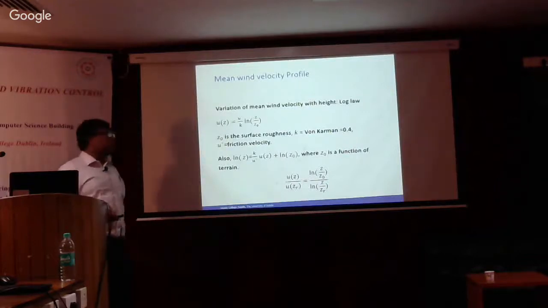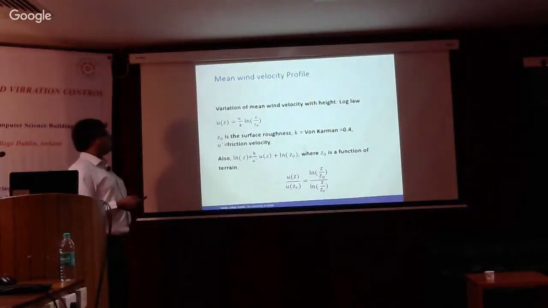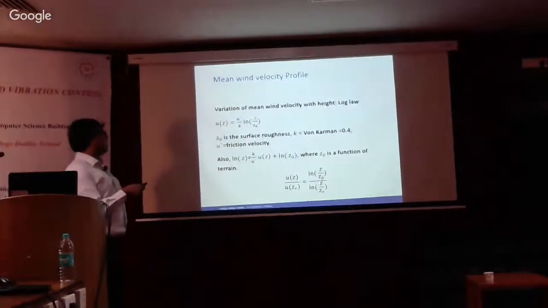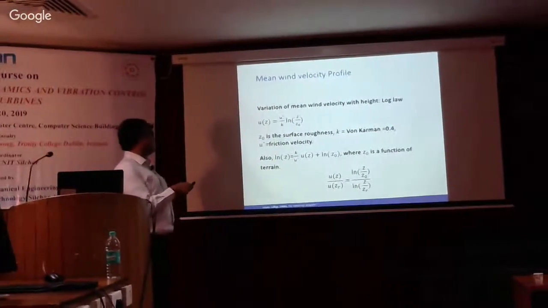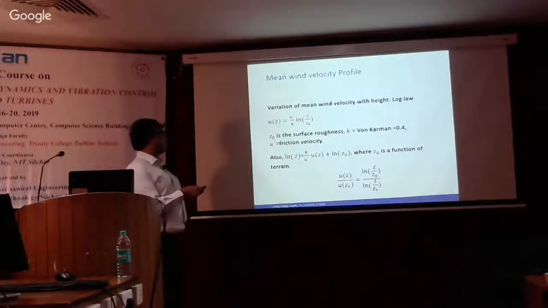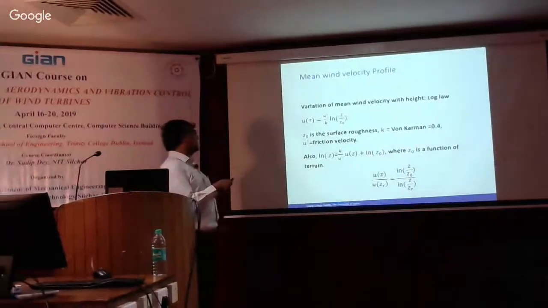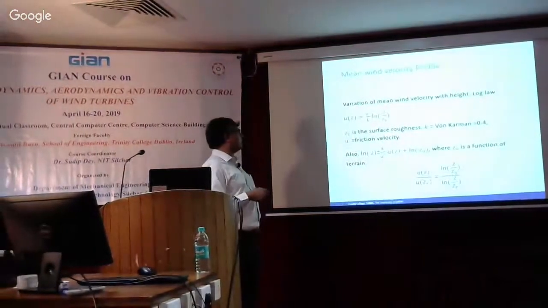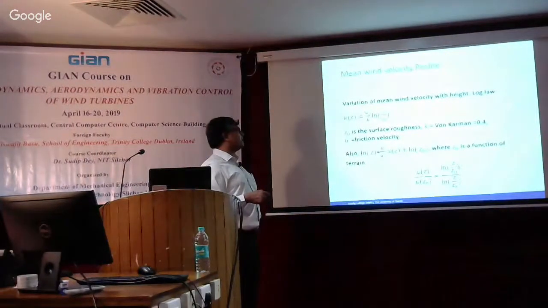We also discussed the variation of wind speed with height. And one such variation is expressed by something called a log law. So wind speed uz at height z is given by a logarithmic value of z over z0. Z0 is the surface roughness, and z is the point where we want the wind velocity. U star is the friction velocity, and K is the von Karman constant.